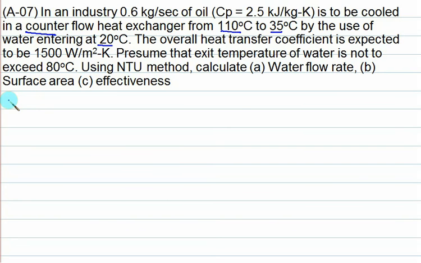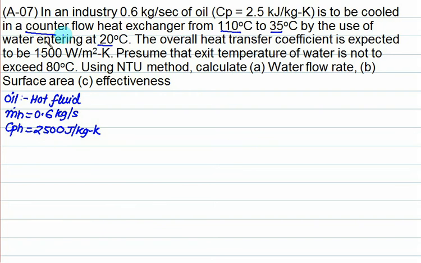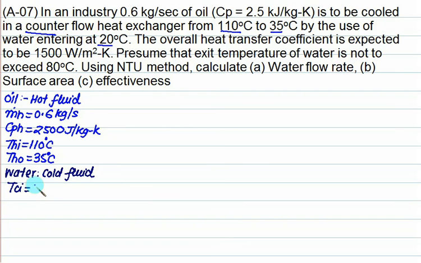So m dot of hot fluid is 0.6, Cp of hot fluid is 2500. It enters at 110, so THI equals 110, and leaves at 35 degrees Celsius. The other fluid, water, is our cold fluid, so TCI is 20.